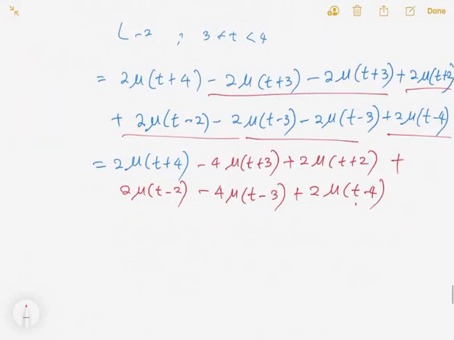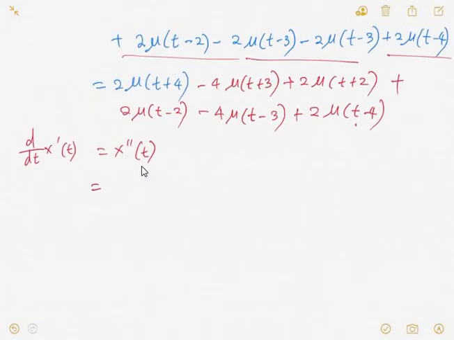What if you differentiate this unit step again for the second order? What do you get? 2 unit step t plus 4, you differentiate, you will get 2 delta t plus 4. The time here, t plus 4 or t plus 3, has no change.